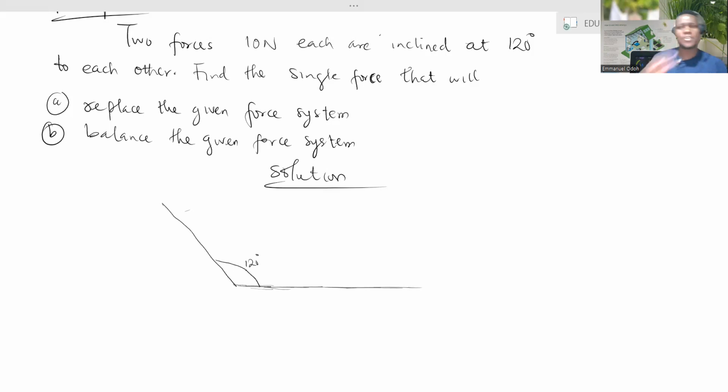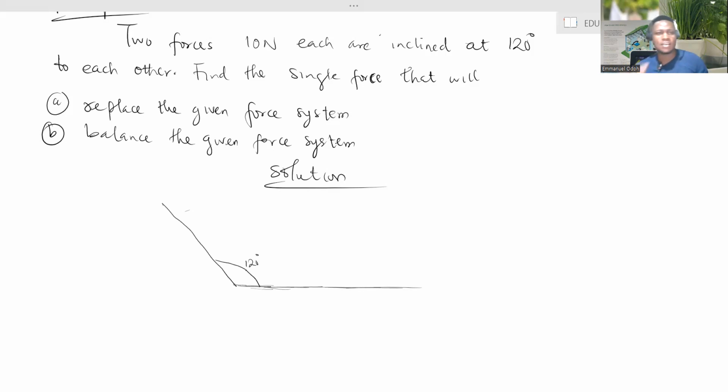Before we start solving, let's think, what do we mean by a single force that will replace the given force system? Let's go back to our definition of resultant force and equilibrium force. The resultant force is that single force that will produce the same effects, both in magnitude and direction, as several forces combined together.